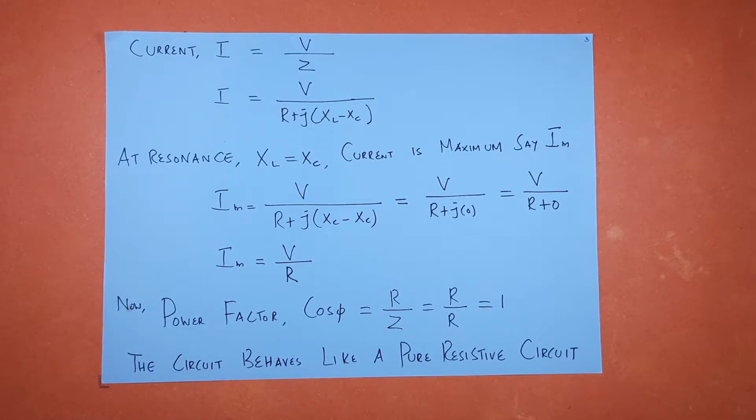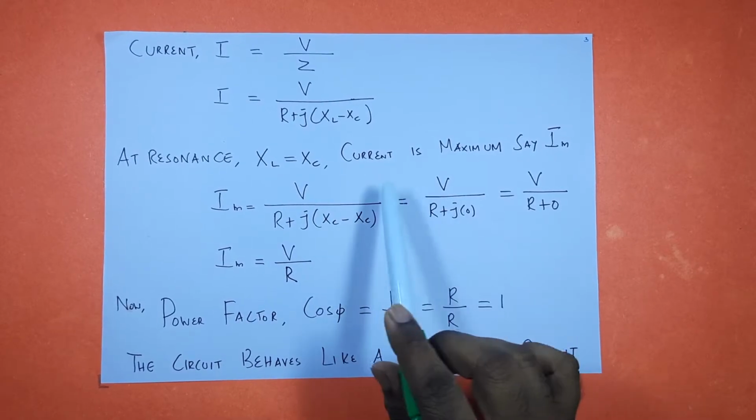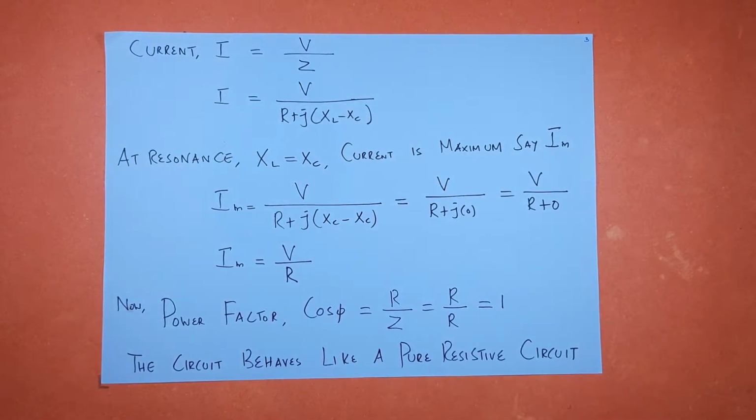At resonance, XL is going to be XC, and current is going to be maximum. Let us say the current at resonance is IM.